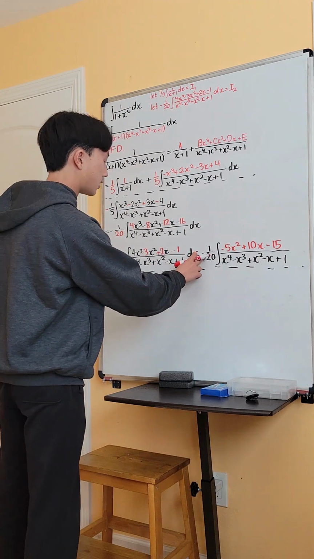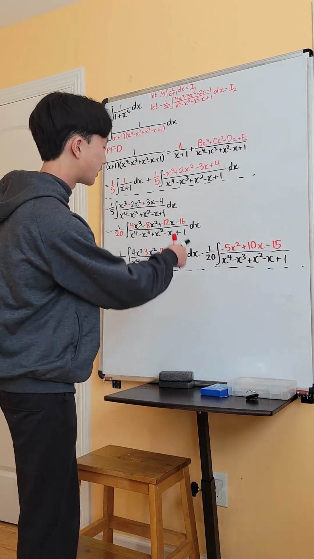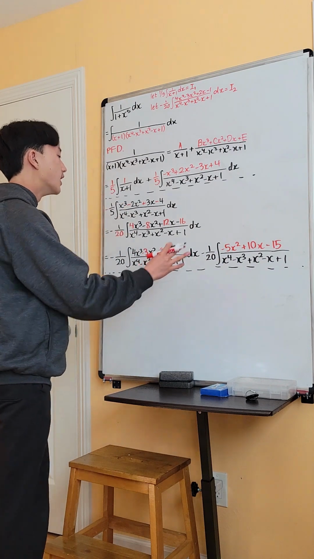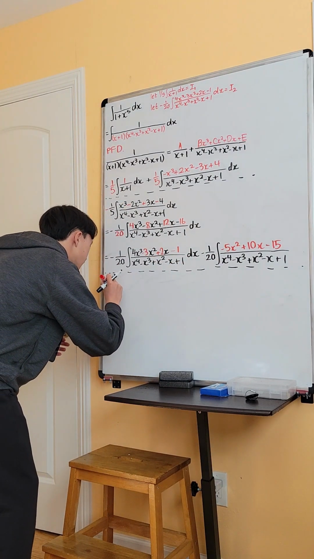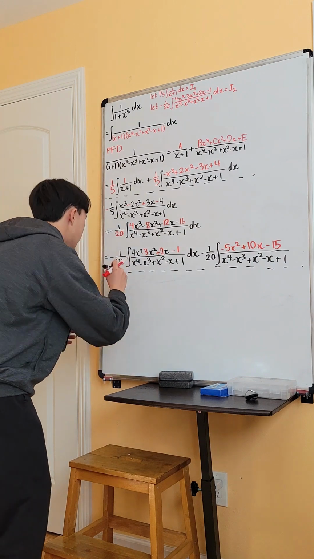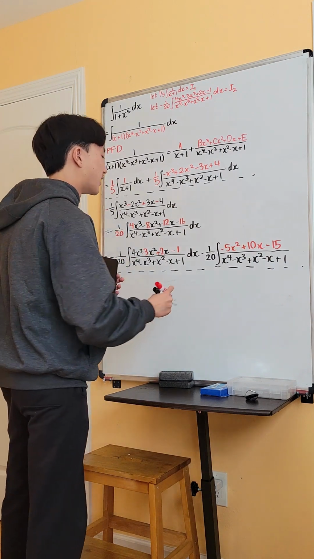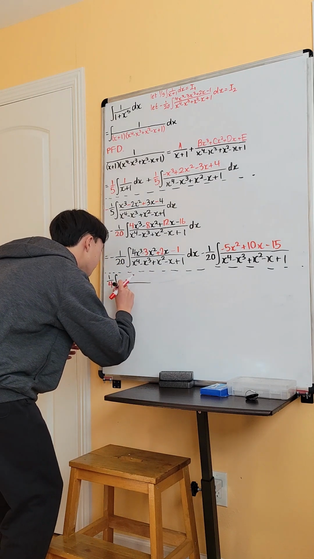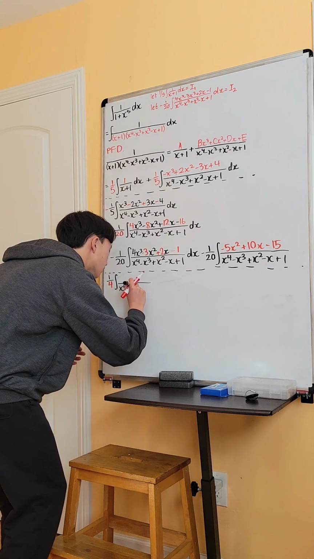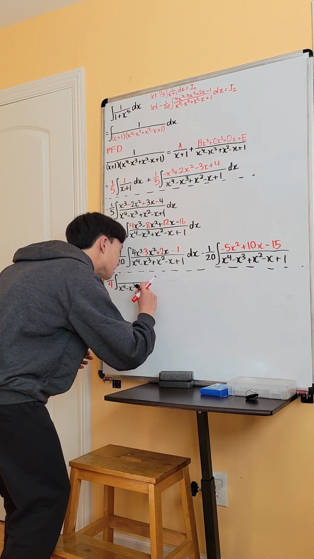Dividing 20 by negative 5, we get negative 4, but the negative and the negative cancel out. So you just get 1 over 4 times the integral of, let's write down the denominator first, since it's going to be a lot longer: x to the 4th minus x cubed plus x squared minus x plus 1.